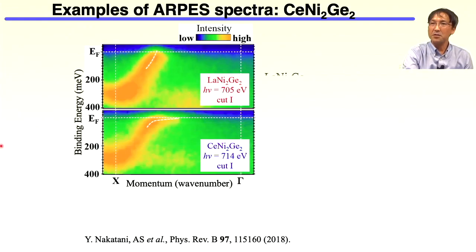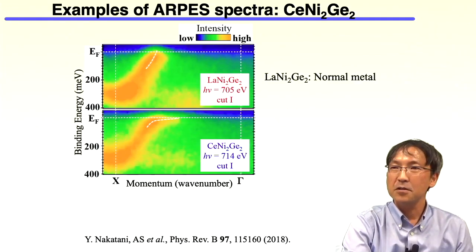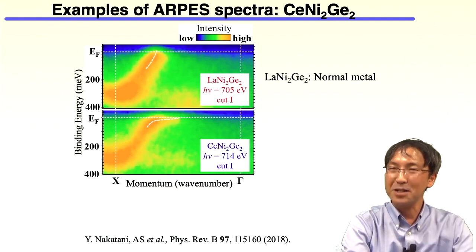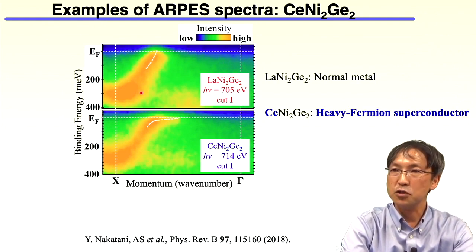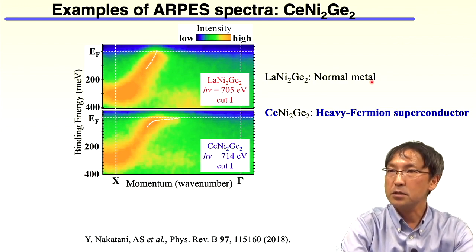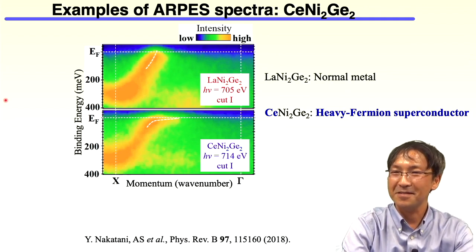In this slide, I show a real example of ARPES spectra. The probed samples are CeNi2Ge2, showing the heavy fermion superconductivity at low temperature, and its reference material, LaNi2Ge2, showing the normal metallic behavior.